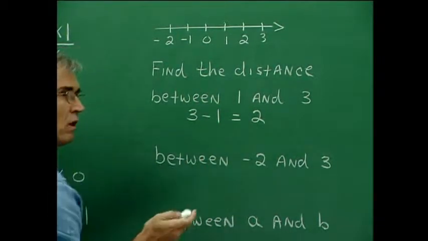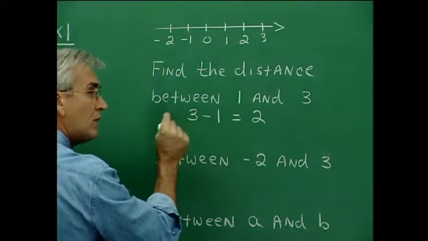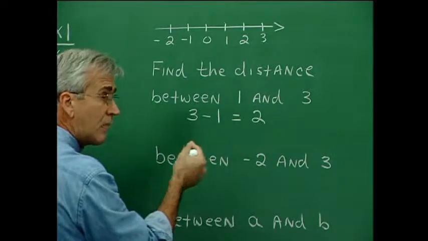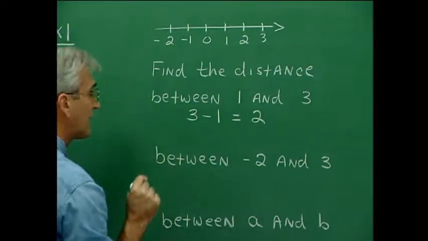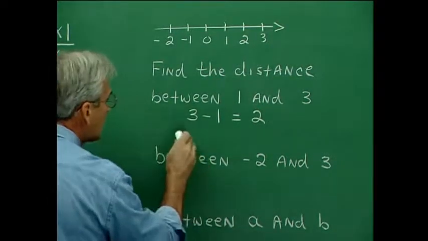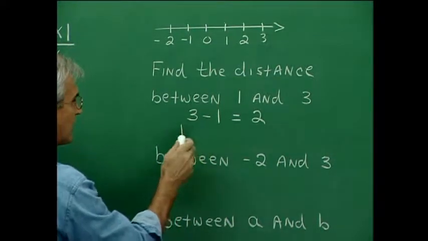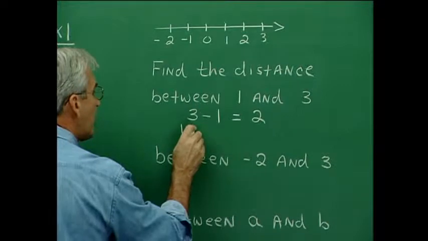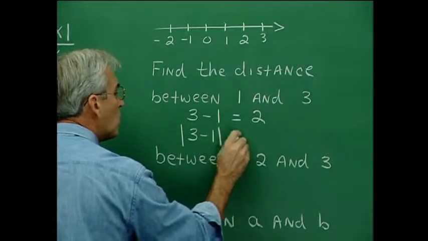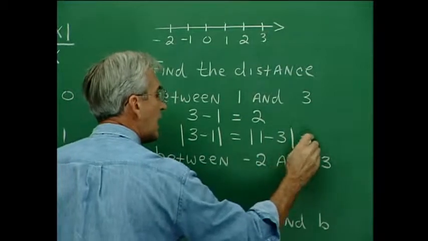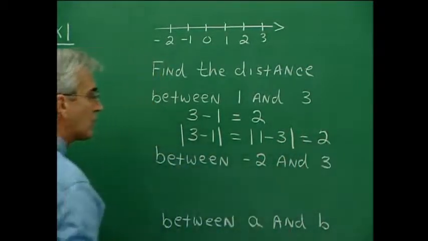And we don't always want to have to identify the larger of the two numbers, though, because a lot of times we don't even know the larger of the two numbers if the numbers aren't identified specifically. So we can introduce the idea of absolute value to deal with that. And in doing that, we could say that it's the absolute value of 3 minus 1, which is the same as the absolute value of 1 minus 3, you see. And in either case, we get 2 as the result.